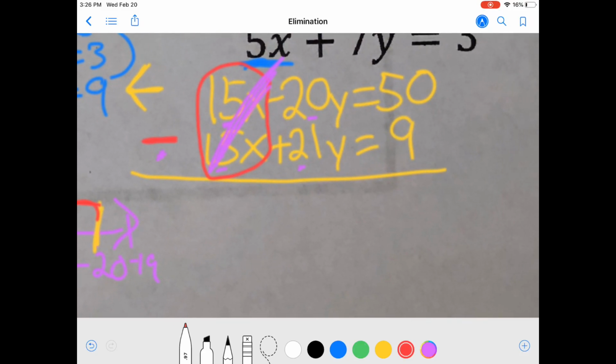So here we would have negative 20 subtract positive 21, so it'd be negative 41y, equals 50 minus 9, which gives us 41.